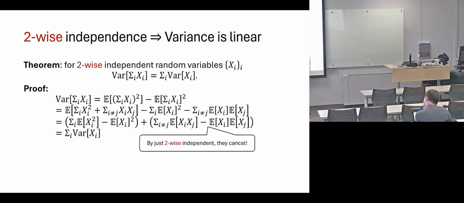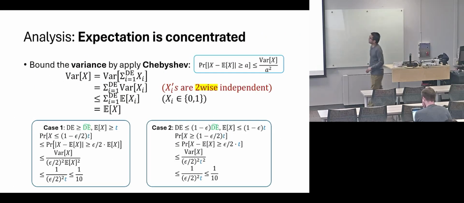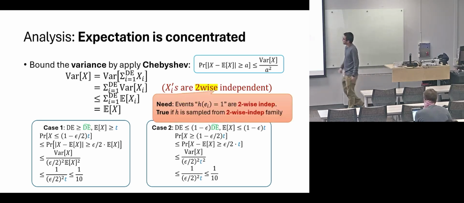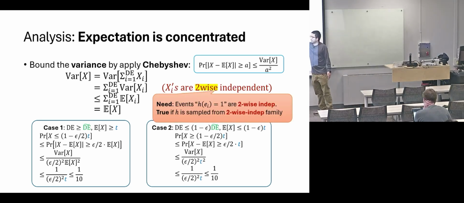And once this thing cancels, you just get that this is the sum of the variance of xi. You can check that, but anyway, it means that for this step I actually only need that the xi are pairwise independent, which means that the events that the hash function maps elements i to 1 are pairwise independent.